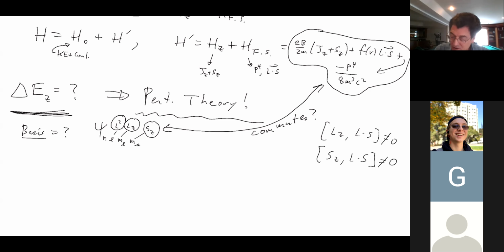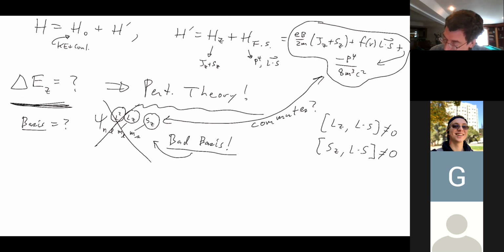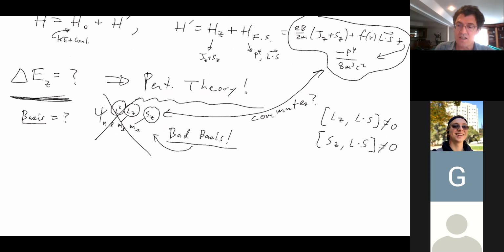And so we already know that this is a lousy basis. So this is a bad basis. The bad basis, send it to the cornfield. Okay, and so we have to ask ourselves, what's a good basis? What basis should we try now?